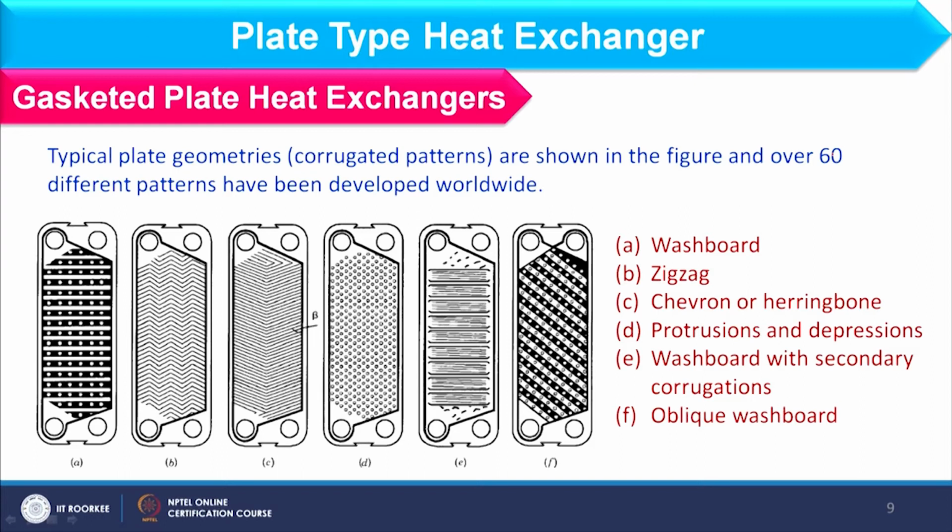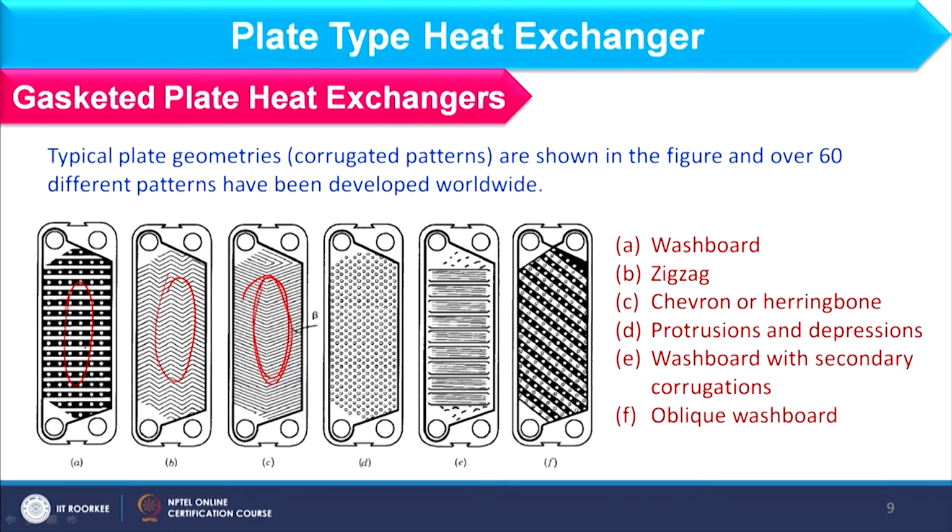And here we have different types of plates. In some plates you can have this zigzag structure, and in some cases we call it a herringbone type of structure. And washboard types are also there.